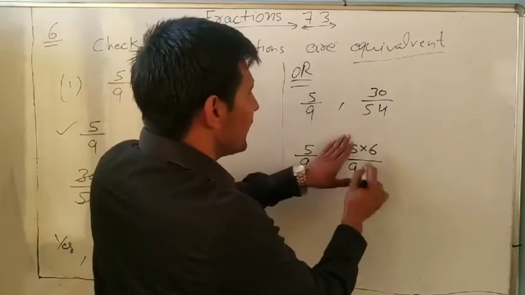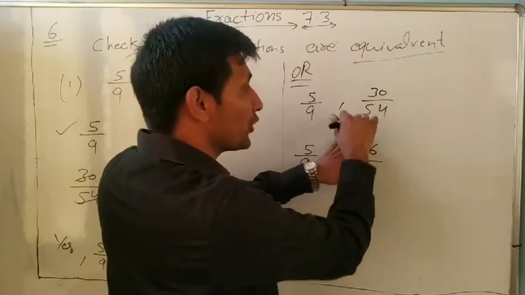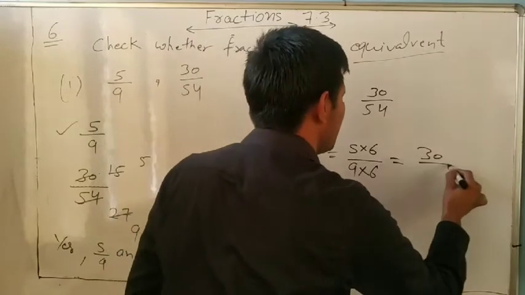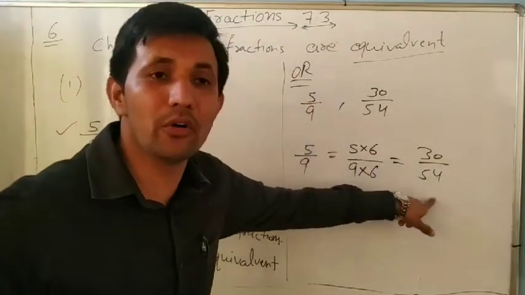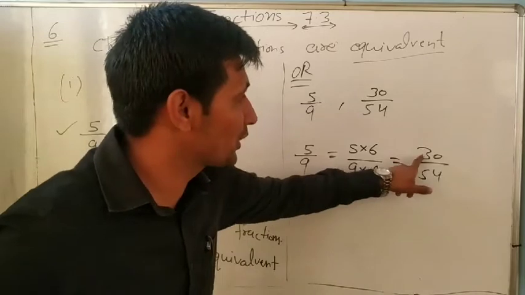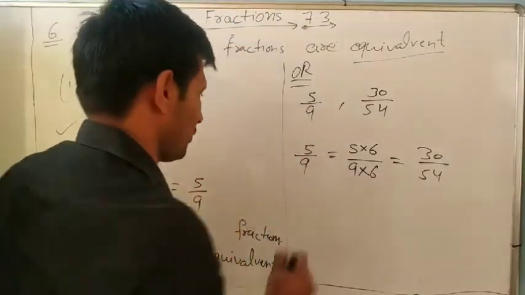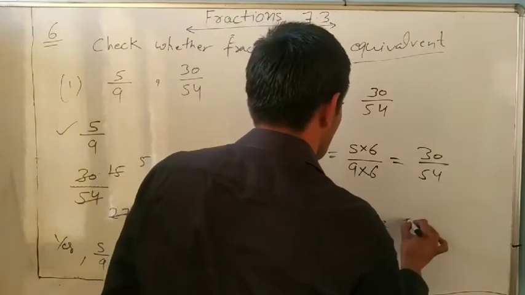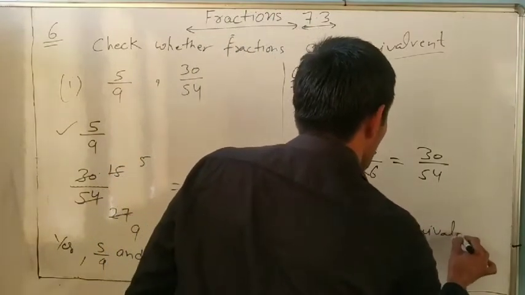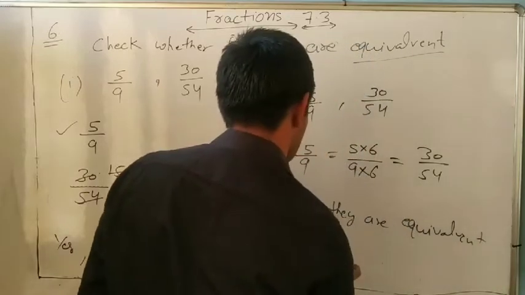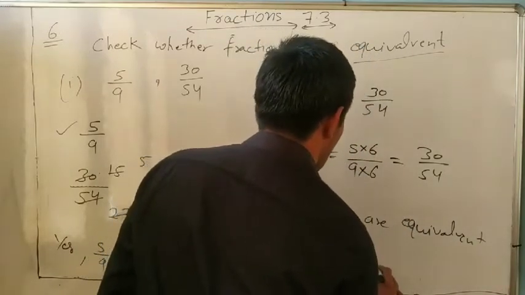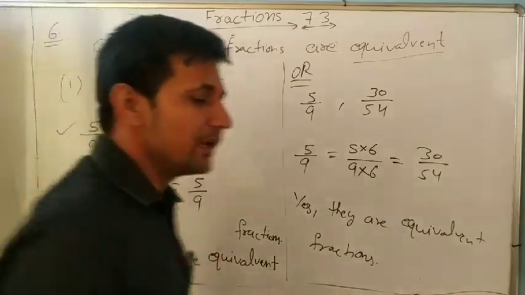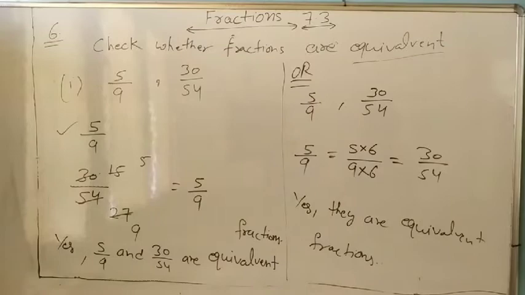So if we multiply the numerator by 6, the denominator also by 6. 5 into 6 is 30, 9 into 6 is 54. So both are the same. So 5 by 9 is equal to 30 upon 54. So you write yes, they are equivalent fractions. You can do it by any one method. Understand or not?